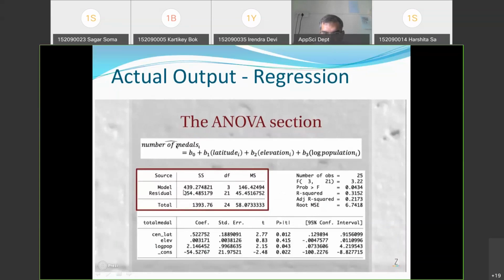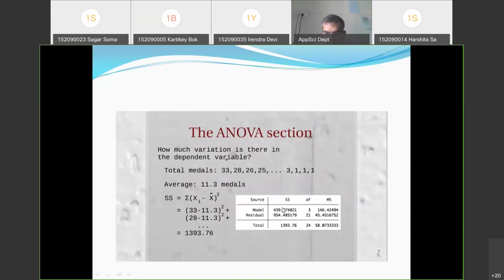So we are comparing, with the model, what the variation is, and with just the constants, what the variation is. So the model sum of squares is that explained variation we saw yesterday. This residual is the other part, and this is the total sum of squares.